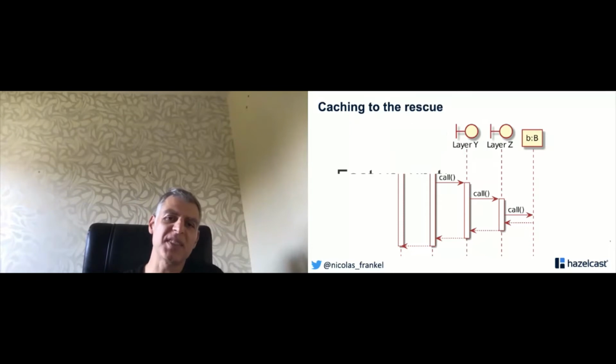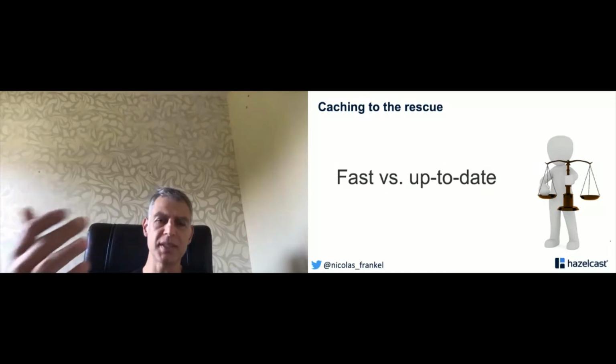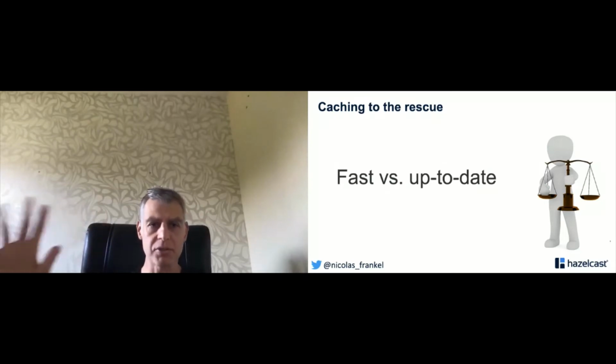So if I tell you something is slow, in general, engineers think, hey, let's set up some cache. And that's a very, very reasonable thing to do. You just need to understand, just like everything in software, it's a trade-off.